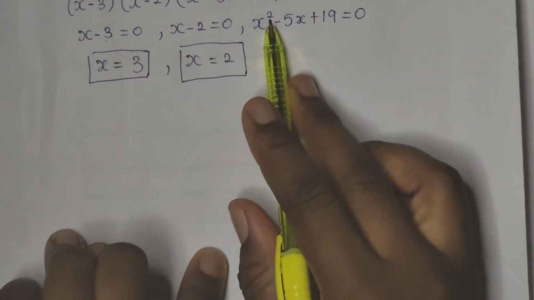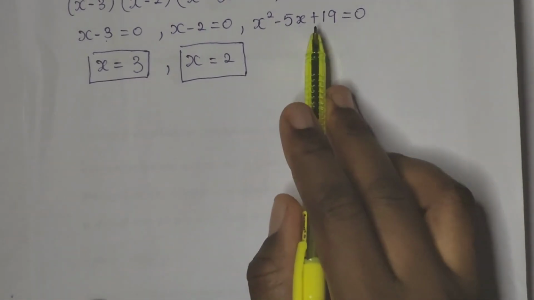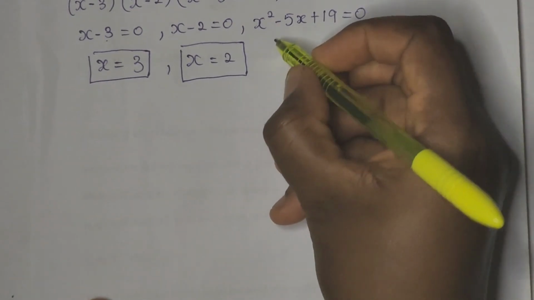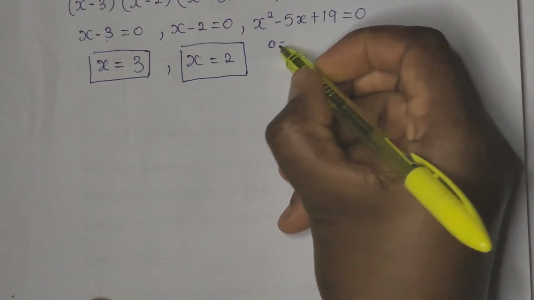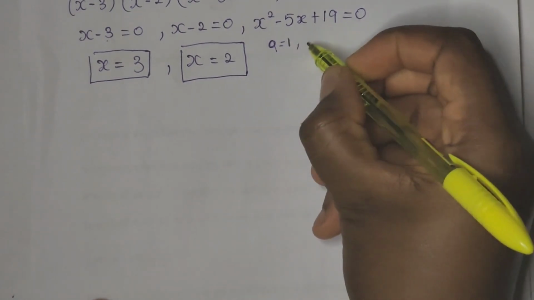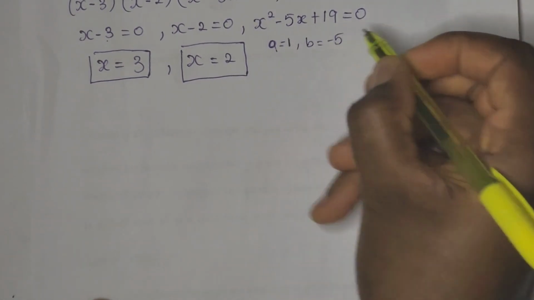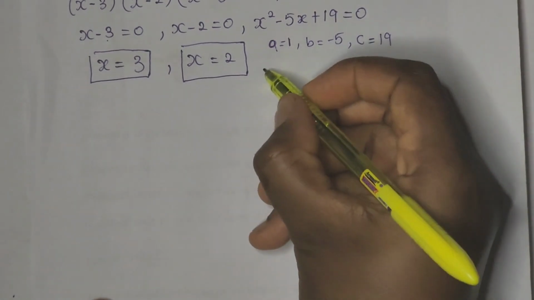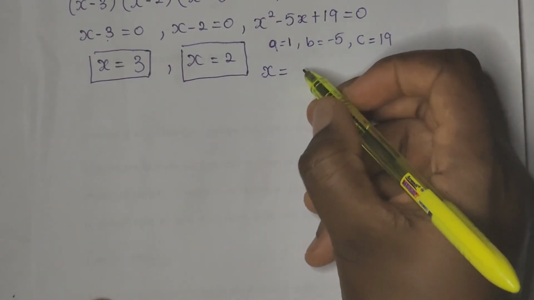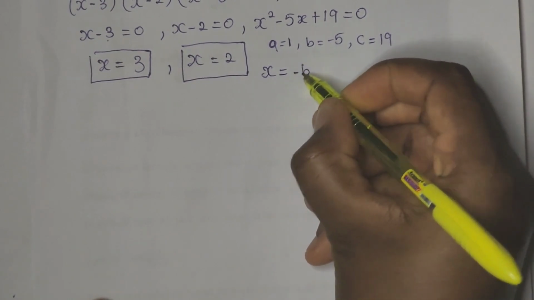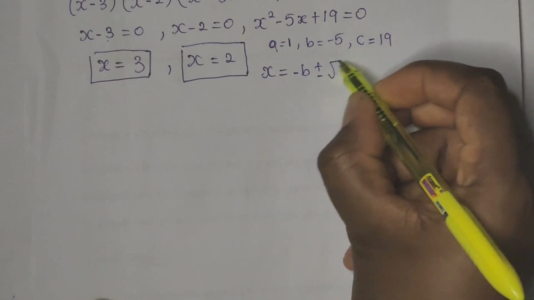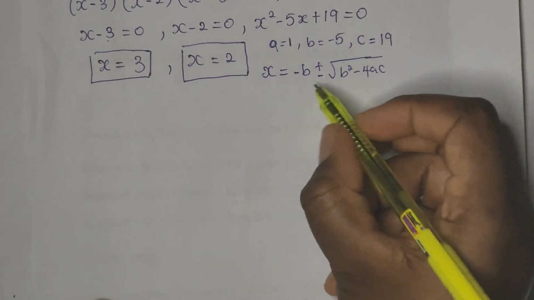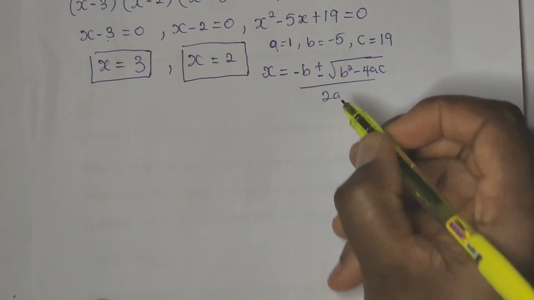So we have x to the power of 2 minus 5x plus 19 equal to 0. So our a is equal to 1, b is equal to minus 5, and c is equal to 19. While our x is equal to, the quadratic formula is minus b plus or minus square root of b squared minus 4ac all over 2a.